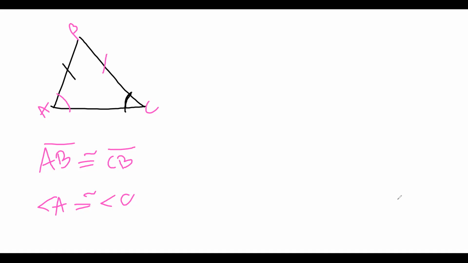In this corollary, we will have the same. But in the first theorem, we deal with an isosceles triangle. In this one here, we will deal with an equilateral triangle. What is the meaning of equilateral triangle? That all the sides are equal. Now look at this side.